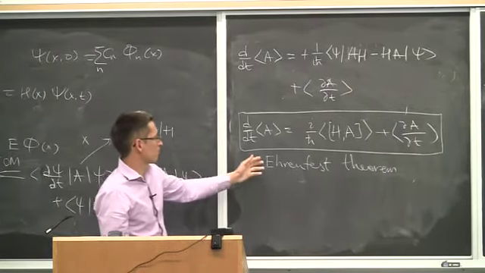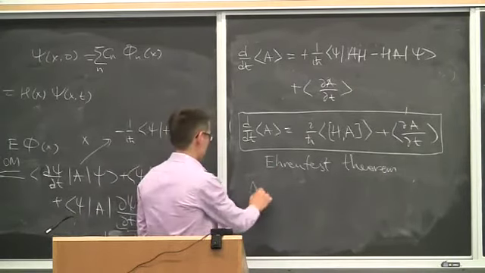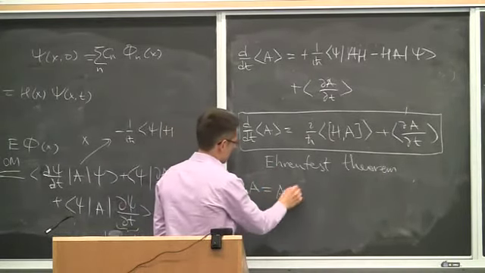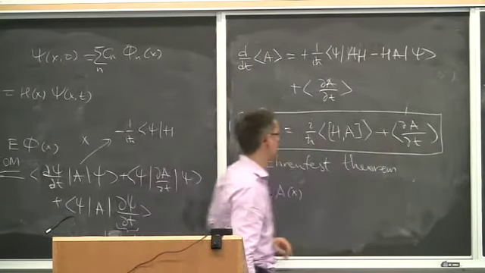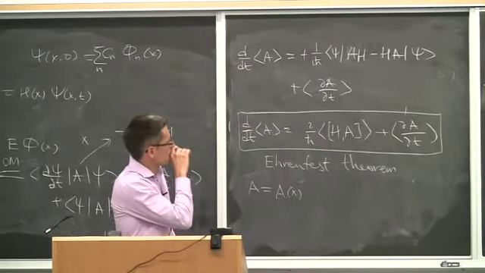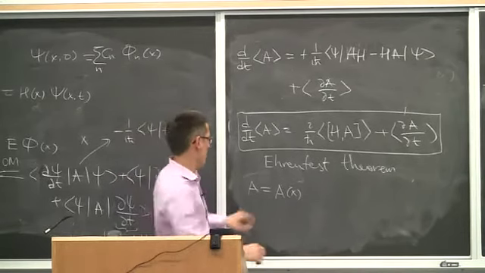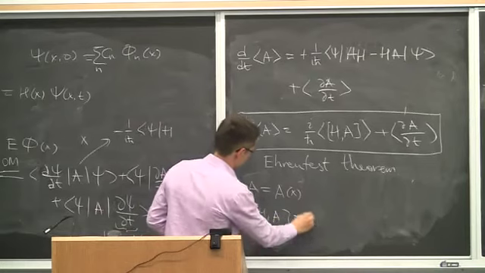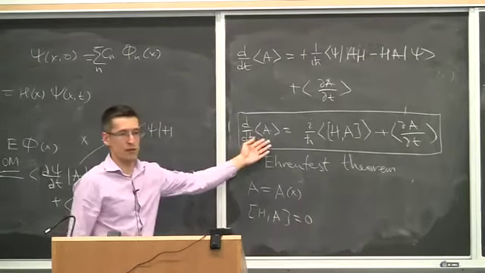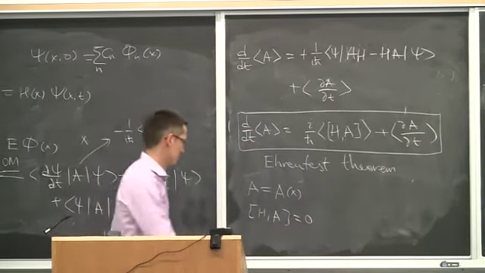Well, it tells you, say A is just a function of x, so the partial derivative is gone. Then it tells you that if A commutes with the Hamiltonian, then there is no time dependence of the average, right?